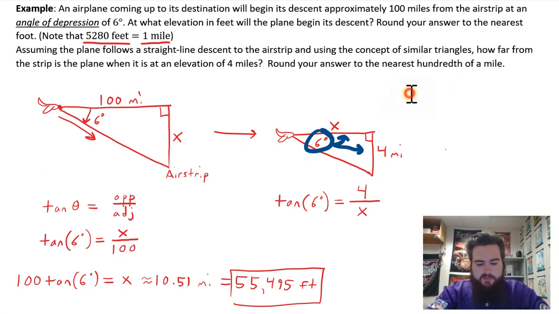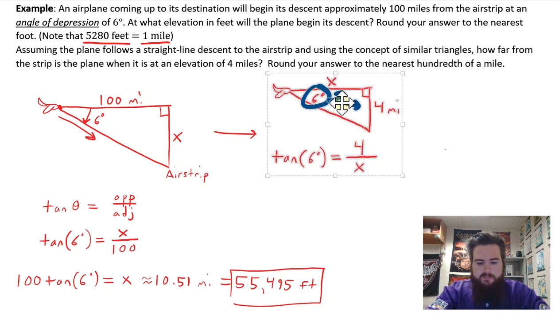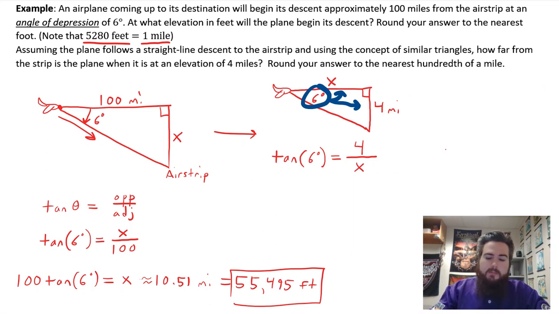If I multiply both sides of this equation by x, and then divide both sides by the expression tangent of 6 degrees, I will get that x is equal to 4 divided by tangent of 6 degrees.